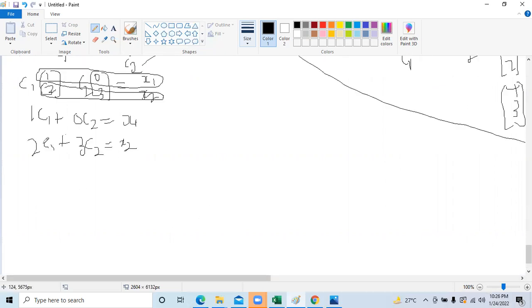So we're going to get this. Let's multiply this equation by minus 2 just to have something balanced. So we're going to have minus 2C1 plus 0 equals minus 2X1.